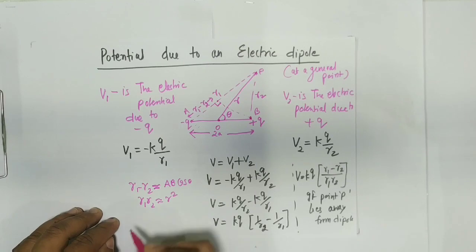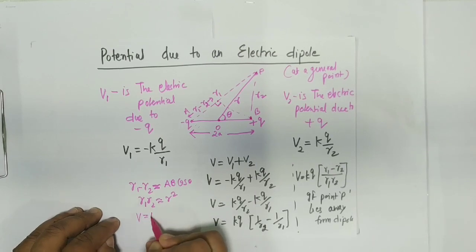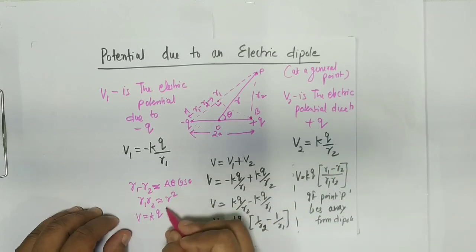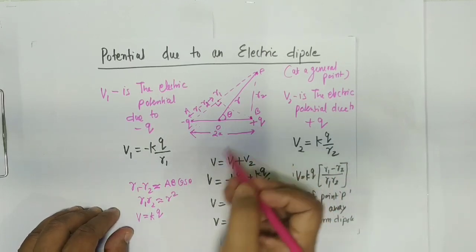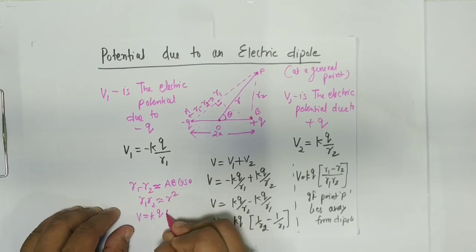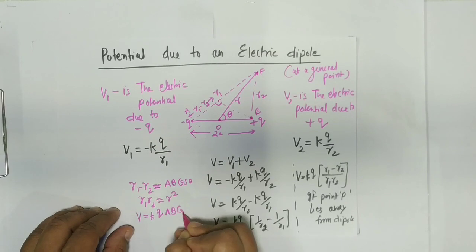Then V can be written as KQ times AB cos theta by R square.